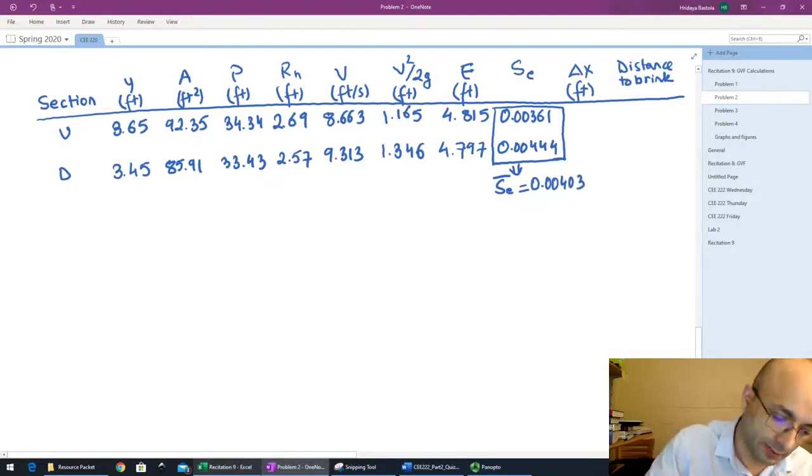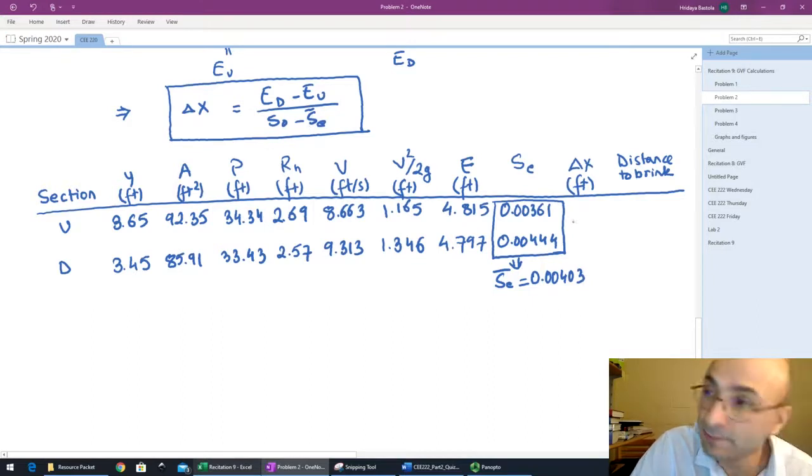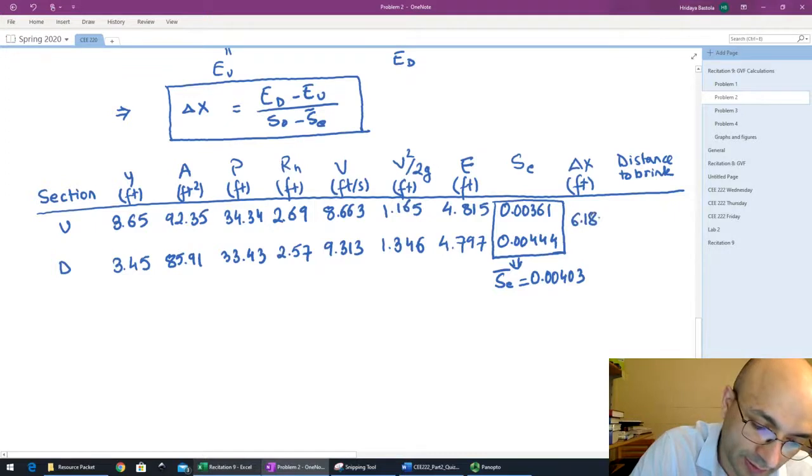Now, using the equation that I put up here, we know the specific energy downstream, we know the specific energy upstream, we know the channel bed slope, we just found out the average slope of the energy grade line. So that'll give us a delta X of 6.183.